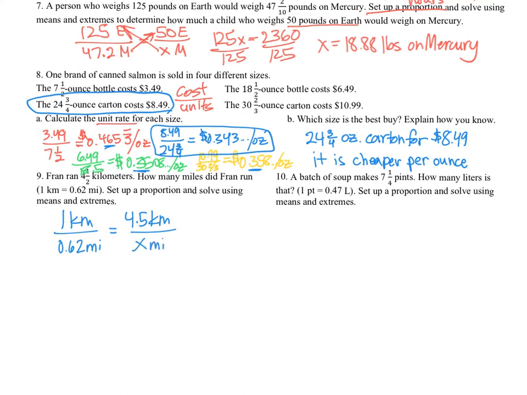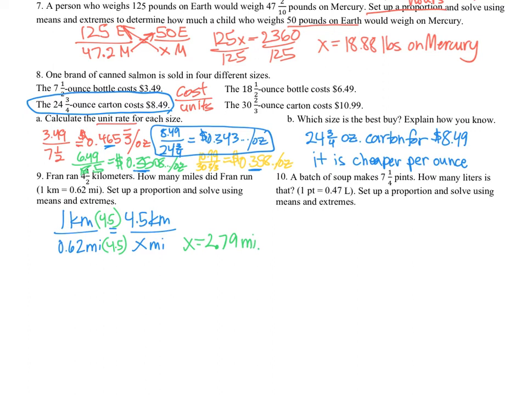Now we can scale up on this one if we like, because we can see that simply multiplying 1 kilometer by 4.5 gives us 4.5 kilometers. So on our calculator, we can just do 0.62 times 4.5, and that gives us 2.79. So X equals 2.79 miles.